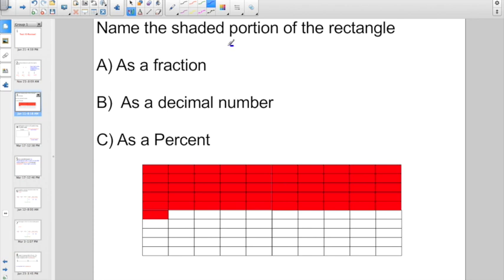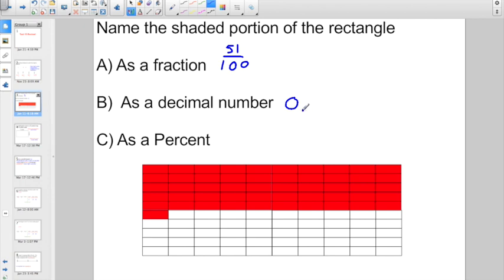So I have 51 total shaded pieces, and I have 100 total. So as a fraction, that would be 51 hundredths. So now we got to write 51 hundredths as a decimal number. I don't have one whole thing shaded, so I have 0 in my 1 spot, right?